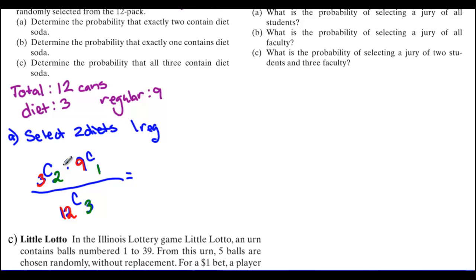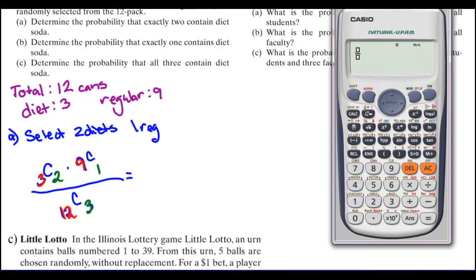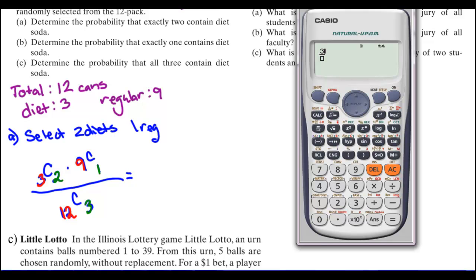So the first numbers on top will total to the first number on bottom, and the second numbers on top will total to the second number on bottom. So to put this in your calculator, make sure that you're in mode 1, so just your regular mode. We're going to do a fraction, and then we're going to do 3 choose 2 times 9 choose 1, and we're dividing that by 12.